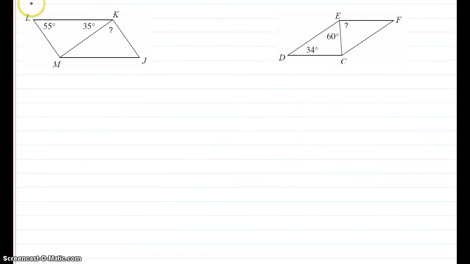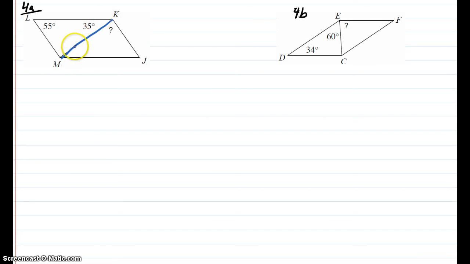Alright, the last example, 4A and 4B. What we're going to do is look at this, and you're going to see that this here is our diagonal, and we just talked about it, that these create alternate interior angles.